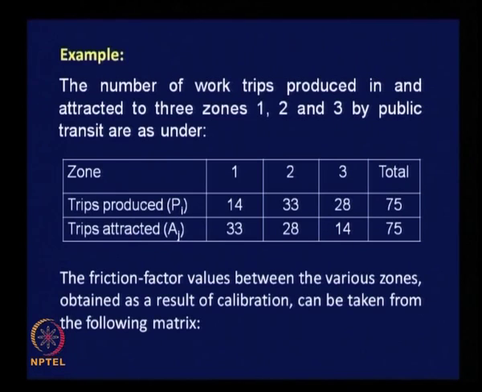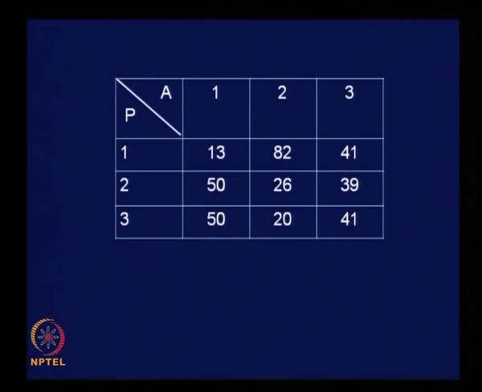So you have been given the result of calibration. Fij values for the different zonal pairs are given to us. These are the Fij values. As I told you, friction factor is specific to zonal pairs, so obviously it will be in the form of a matrix.